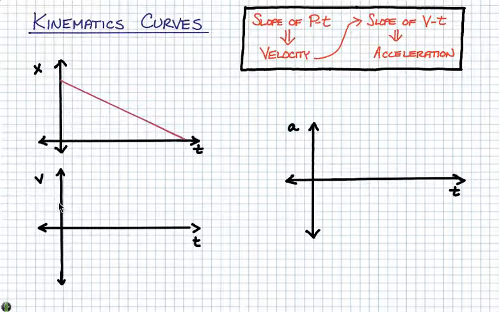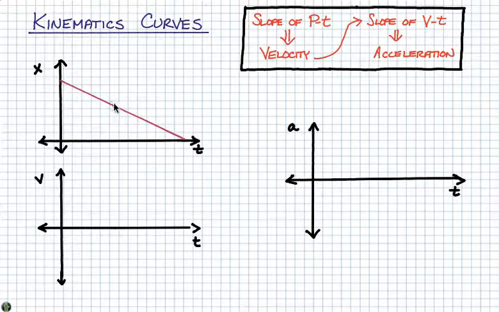Well, if we want to generate a velocity time graph and an acceleration time graph, we just have to remember that the slope of a position time graph will give us our velocity, and the slope of a velocity time graph will give us our acceleration. So if we take a look at our position time graph, if we want the velocity, then we need to look at the slope.